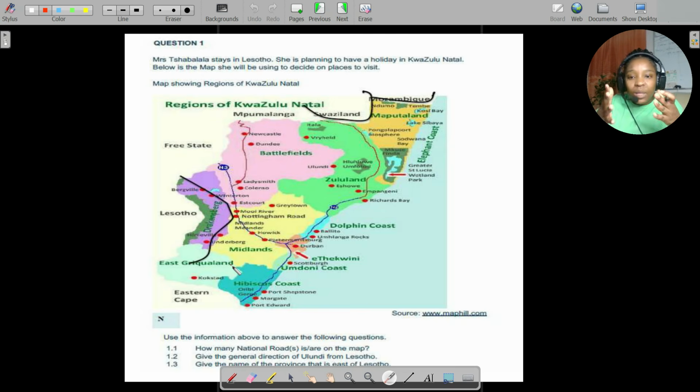Obviously, with a map like this, they're probably just going to ask you the general direction from one place to another, or, if you're traveling a distance of this much for this time, what's the average speed? Or maybe they'll want a clear set of directions from this place to another. Those are the types of questions that they'll ask if you're given such a map.